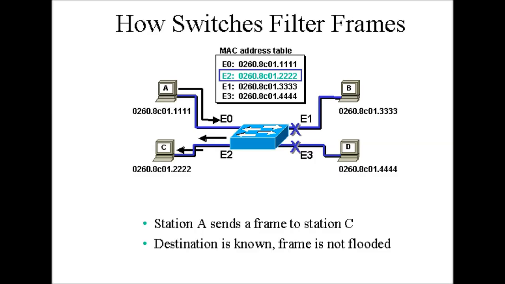Computer B contains the physical address shown, and likewise computer C and computer D. So the physical addresses of all four computers are shown over here, and the port numbers of the switch are also shown: Ethernet 0, Ethernet 1, Ethernet 2 and Ethernet 3. So these are different port numbers.